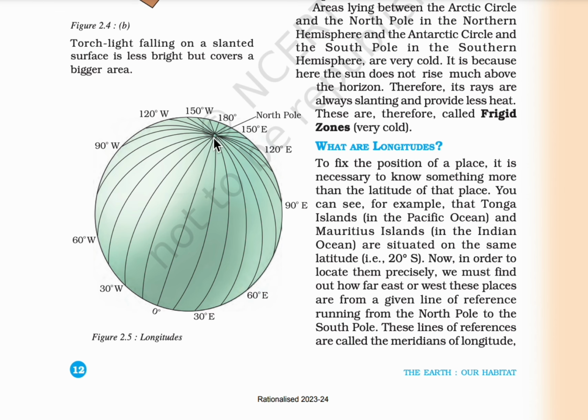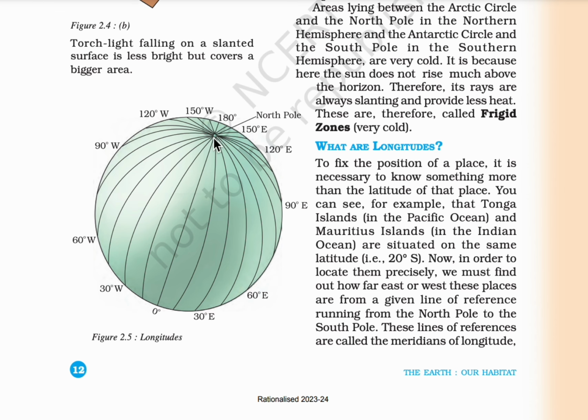Here, near Greenwich, there is the British Royal Observatory. All the countries have decided to count from the meridian that passes through the Greenwich Observatory.